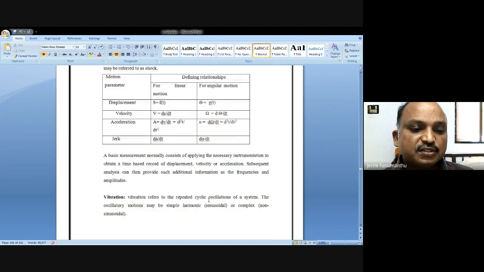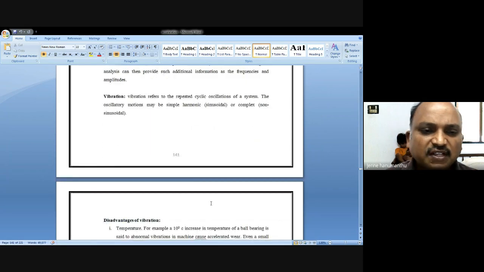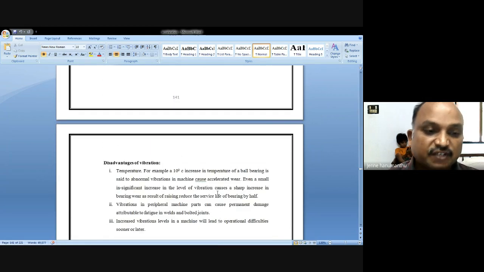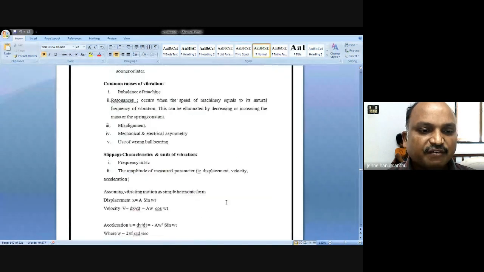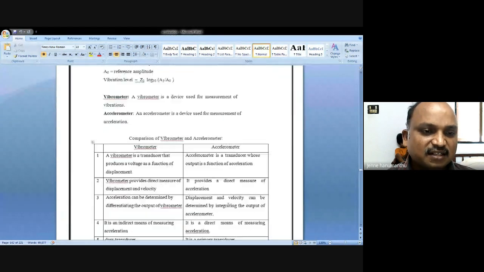Okay, so you have the same concept in third year first semester, measurement of acceleration, right? The instrument which is used for measuring acceleration is nothing but the accelerometer.